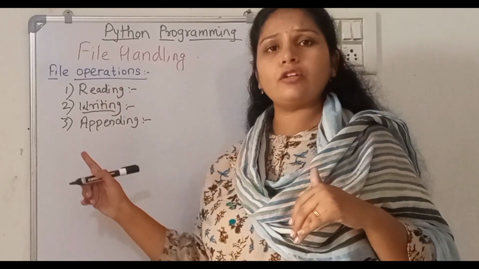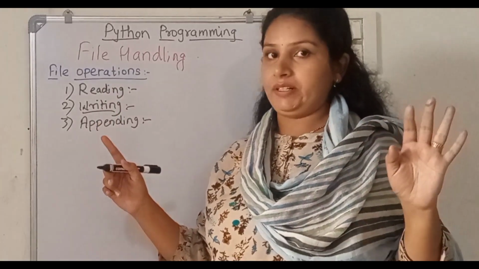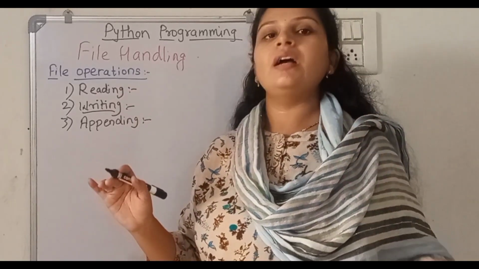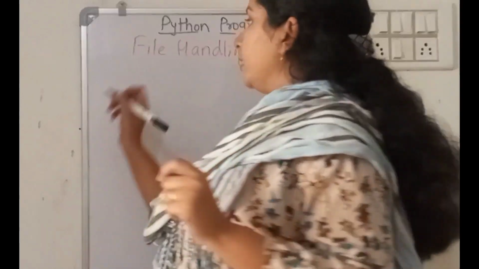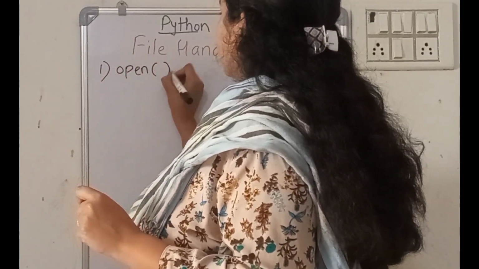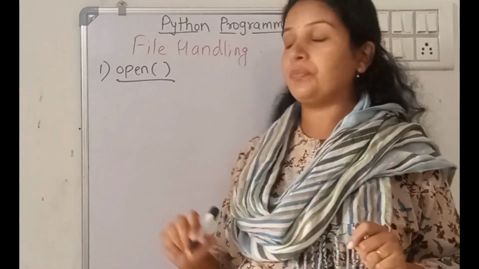So basically these file operations we are going to see in all three types of file. Before that, first we will see how to open the file and how to close the file. To open the file, we use the open function. Now open is the built-in function in Python to open any file.